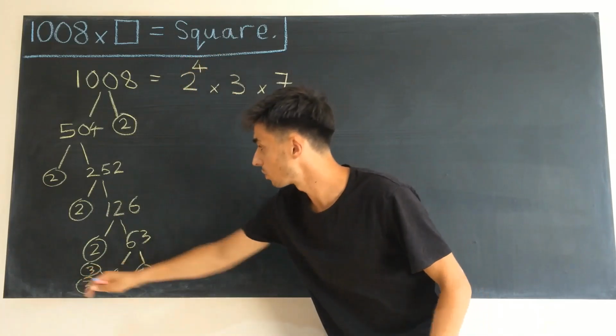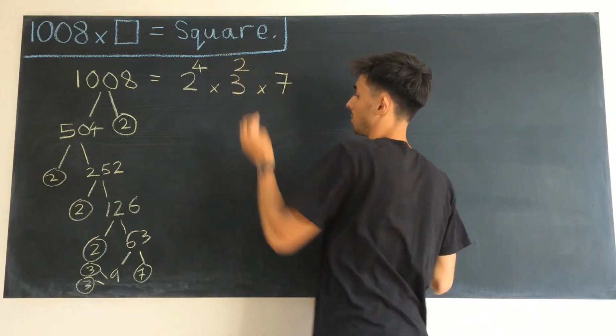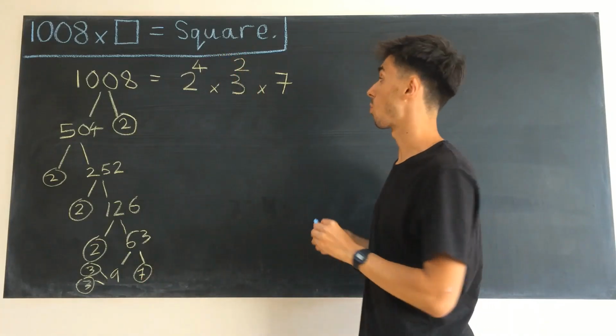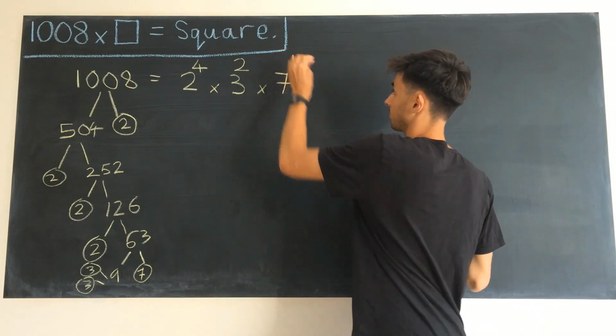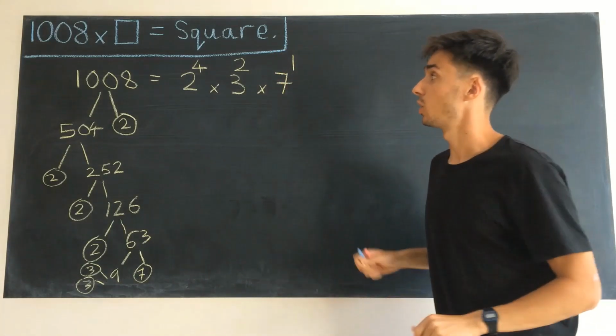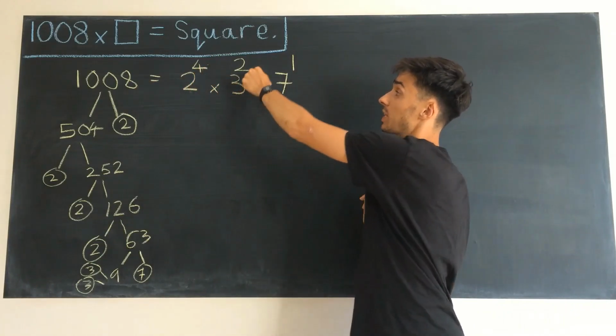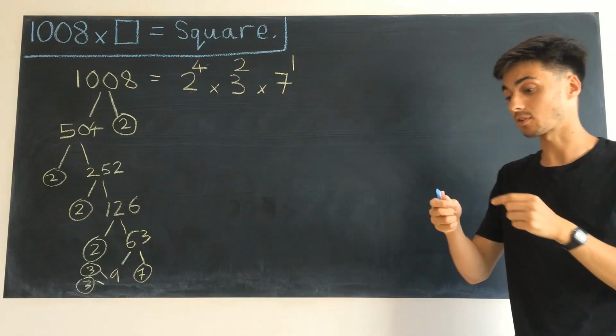Powers of 3, we've got 2 of those. And powers of 7, we've just got the 1. That's some really important work then that we've done. We found 1008 is 2 to the power of 4 times 3 to the power of 2 times 7 to the power of 1.